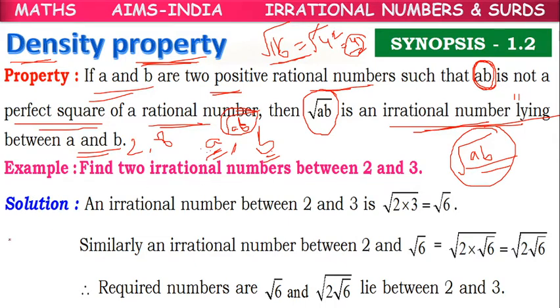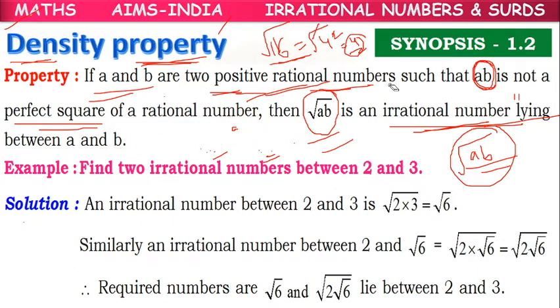Suppose we have 2 and 3. Root of 2 into 3 is root 6, and we cannot express it as a square of another number. So root 6 is an irrational number between 2 and 3. Like this we can insert countless, infinite irrational numbers between two positive rational numbers, and this property is called the density property.